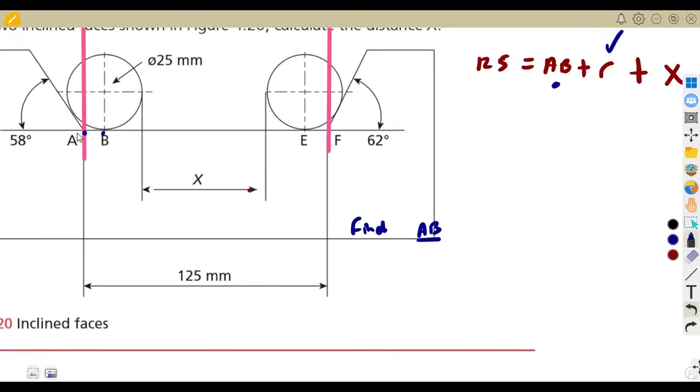All right. So to find AB, let us take this one. If you consider this perfectly, you will see that I have a radius here from this point up to this point. It's a radius, which is this divided by 2, guys. It's going to be what? 12.5 millimeters. All right. So this is 12.5 here, millimeters, which is our radius.